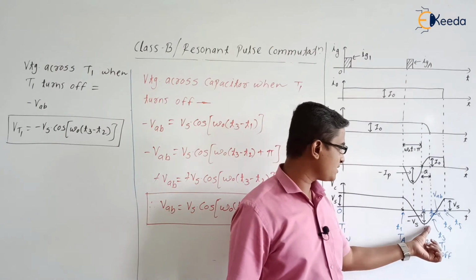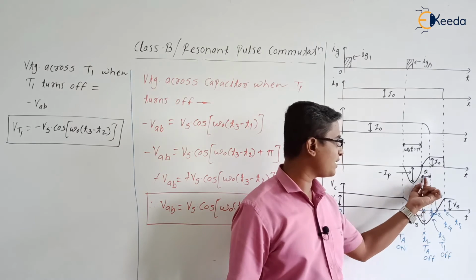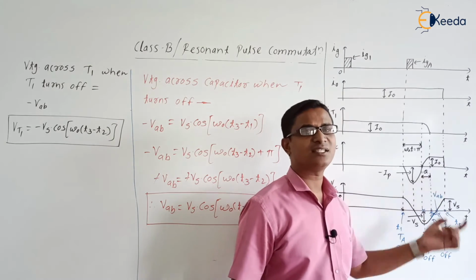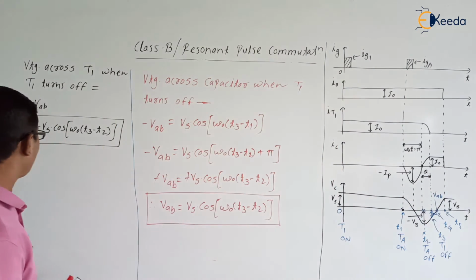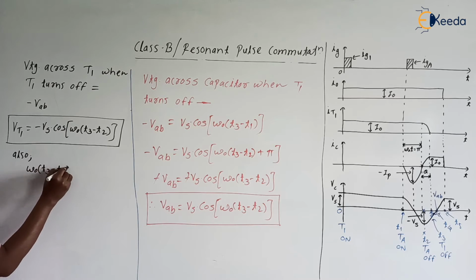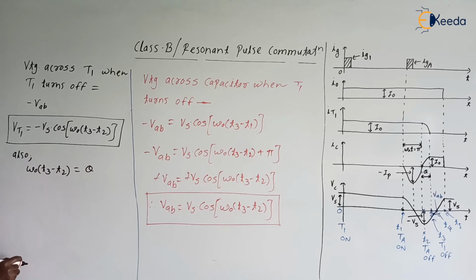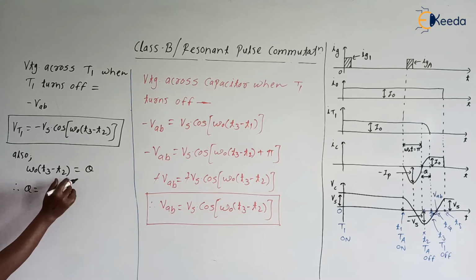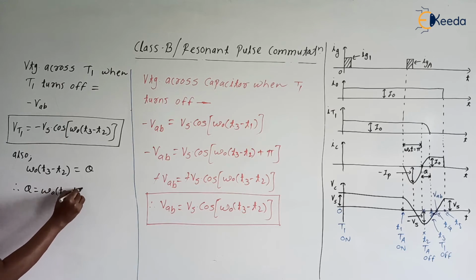It is nothing but theta, we have considered it as theta. So we can write omega 0 (T3 minus T2) equals theta.